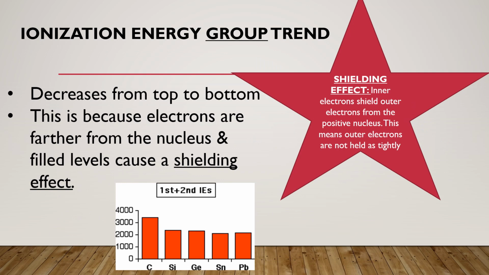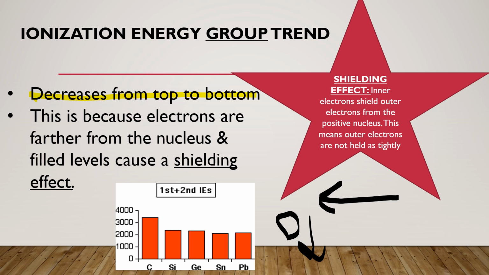So let's look at what happens for the ionization energy group trend going down the periodic table. We decrease from the top to the bottom. So if you guys are going to draw your trend, and I always draw my arrows, like I said, this way, we're going to decrease from top to bottom.